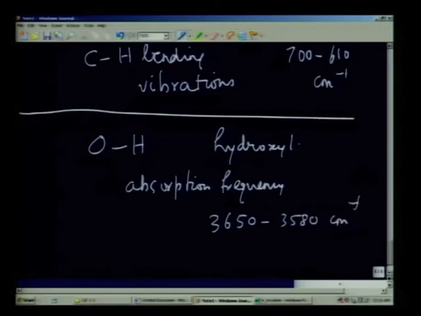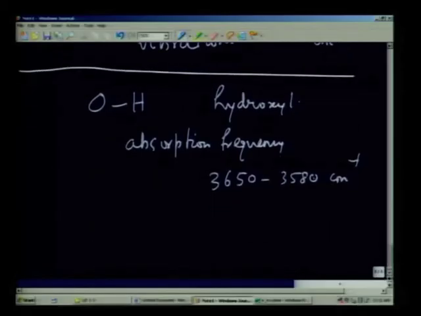Molecules with hydrogen bonding of course will have a slightly reduced frequency, because the OH is stretched by the presence of another O here, a slightly weaker bond, and therefore the vibrational frequency for this OH group gets reduced a little bit.